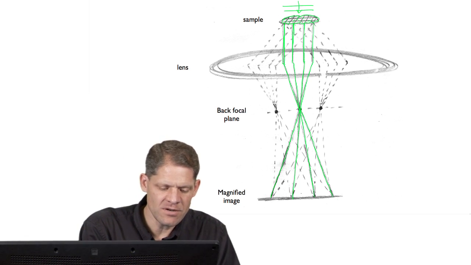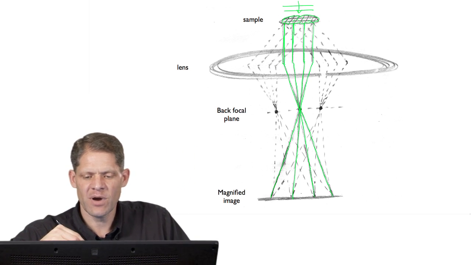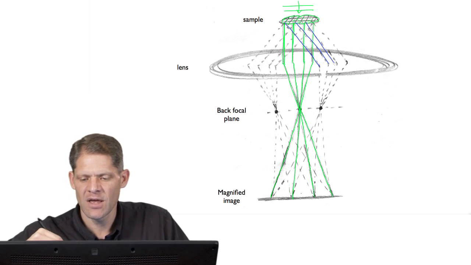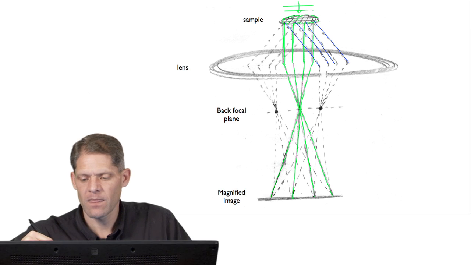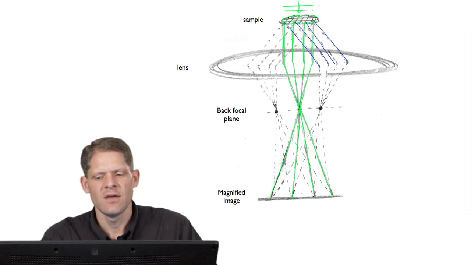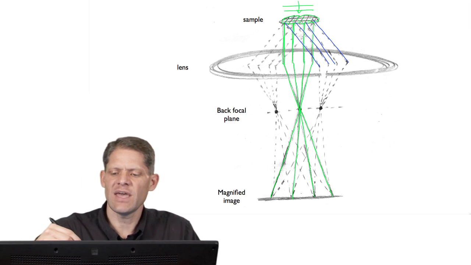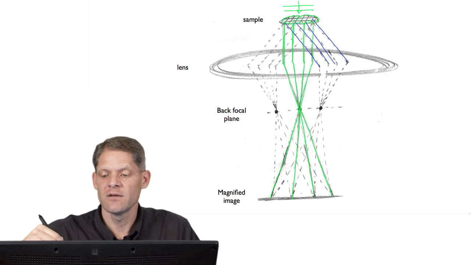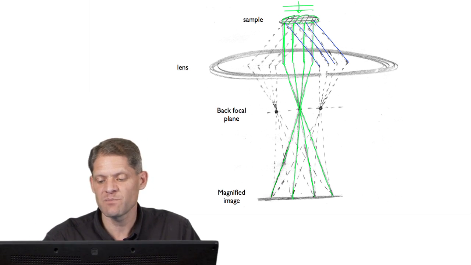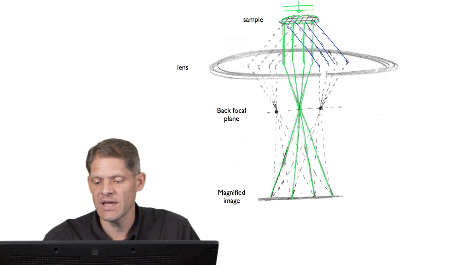In like fashion, there is other scattering in different directions. So for instance, all the scattering that comes out in this direction, these wave fronts, they're also collected. Now, a lens will focus any set of parallel radiation into a particular spot on the back focal plane of the lens.